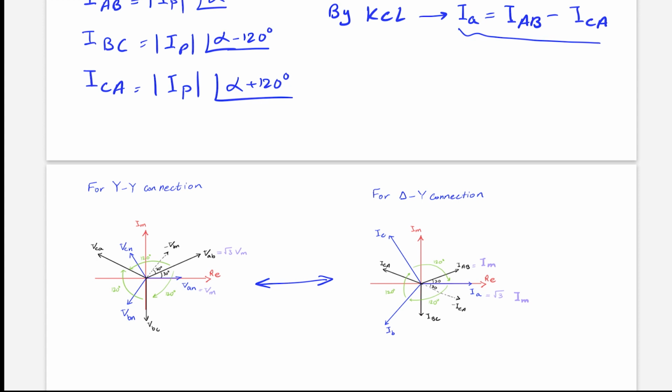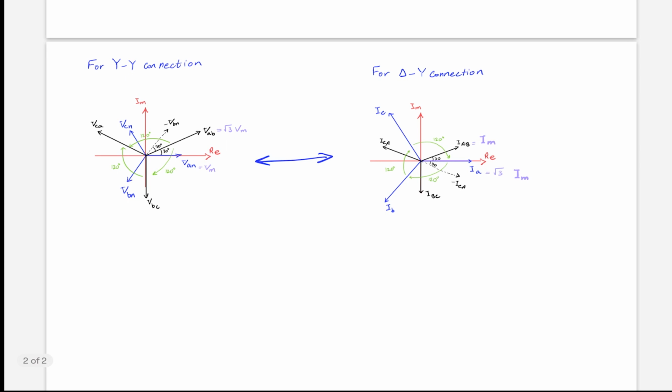So what do we notice? Well, in Y connection, the line voltage magnitude will be equal to radical 3 times the phase voltage, and we saw that the line current will be equal to the phase current.